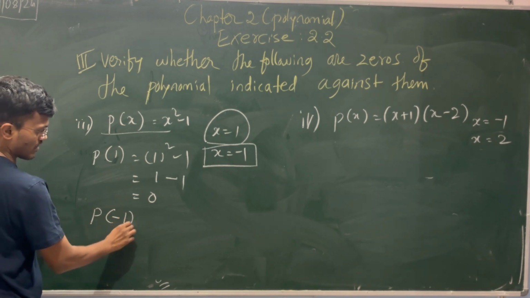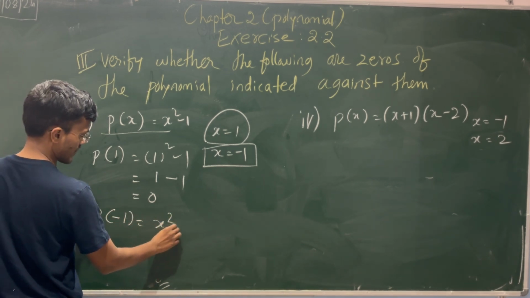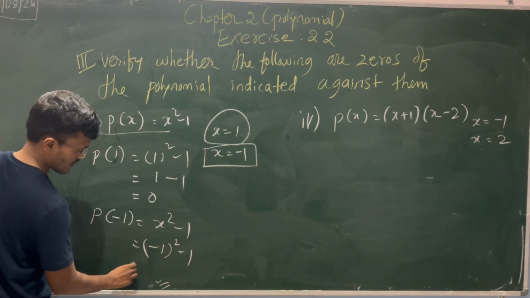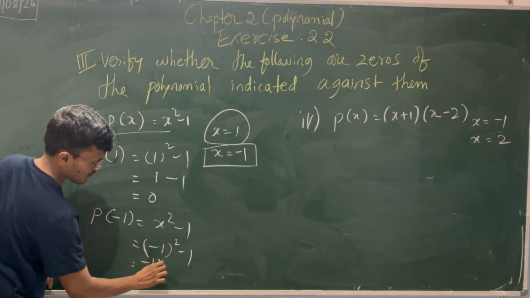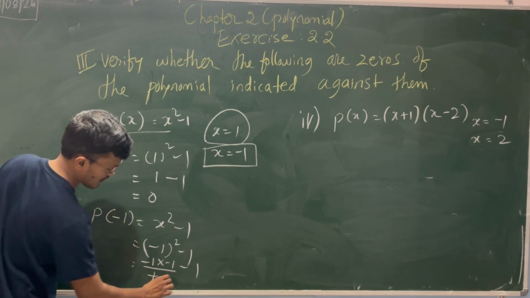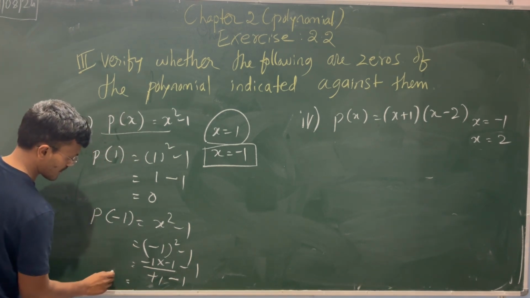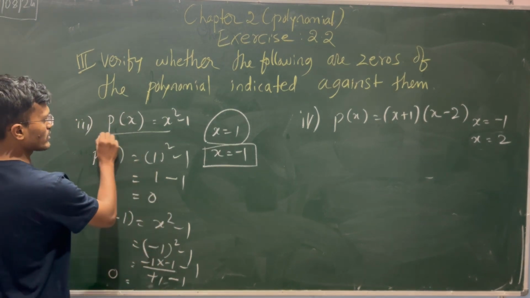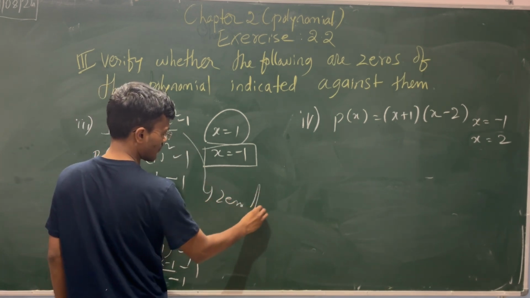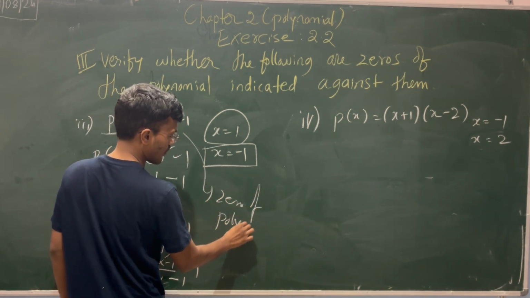P of minus 1, x square minus 1. So now 1 square minus 1 minus 1 into minus 1 and minus 1. Minus 1 into minus 1 is plus 1, and minus 1. So the answer is 0. So this is called a zero of the polynomial.